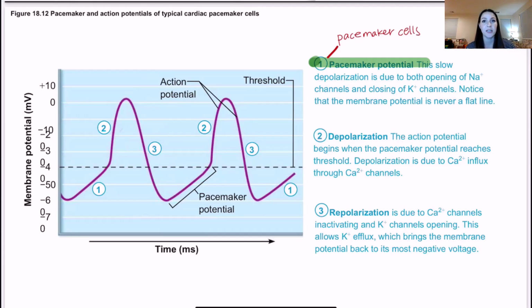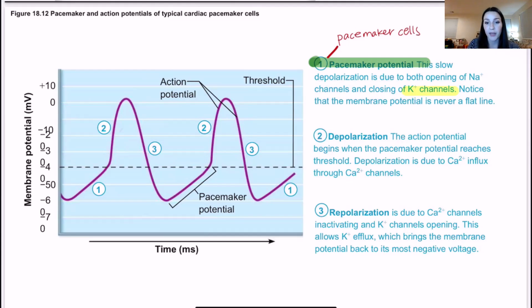So these pacemaker potentials, they happen because we still have potassium channels though. Potassium channels, if you remember from Bio 430, cause repolarization, making that cell more negative. So by closing those potassium channels, we're stopping repolarization. That's important. And stopping hyperpolarization afterwards, which is going below resting membrane potential.